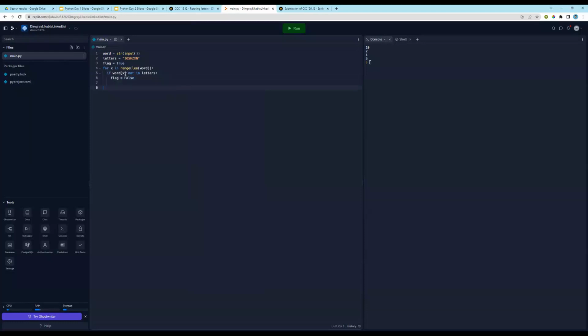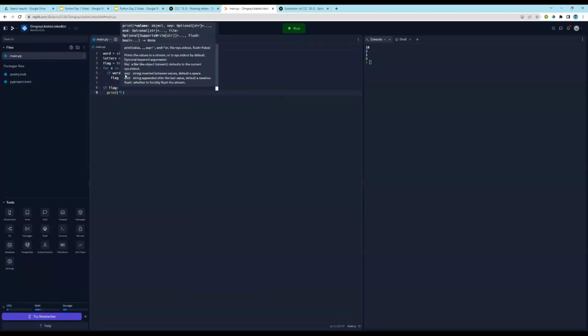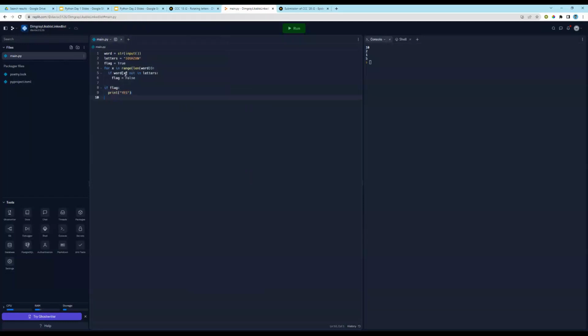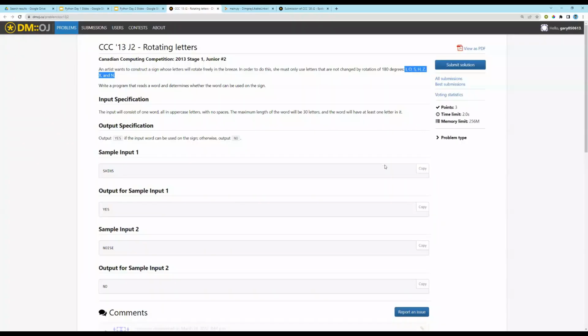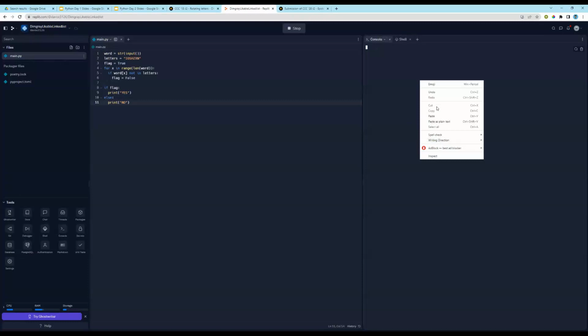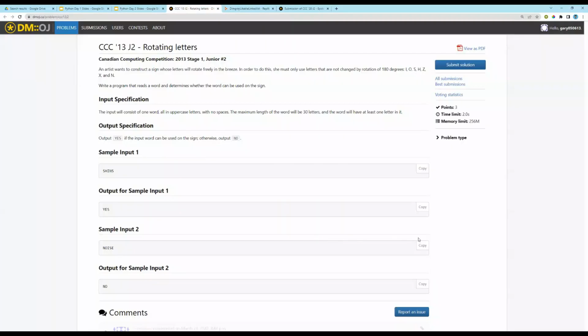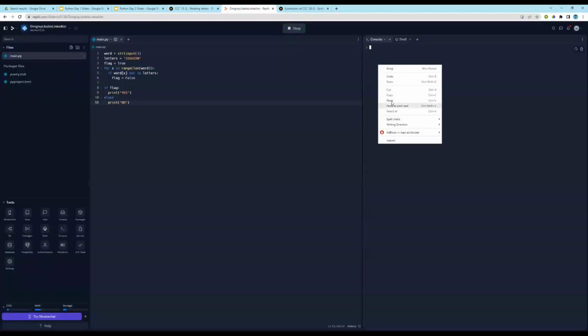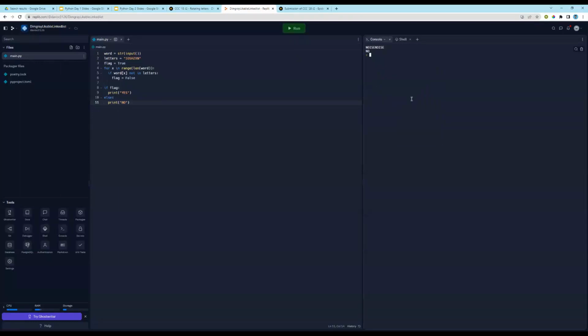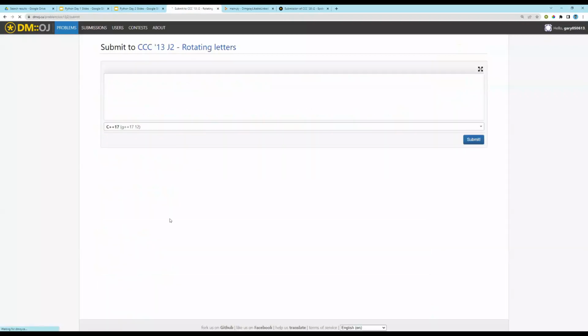At the very end, let's check if flag is true. If flag, then we output yes, else we output no. We run this. We get yes as the first output. Oh, we get no as the second output. So again, our program should work if we submit it.